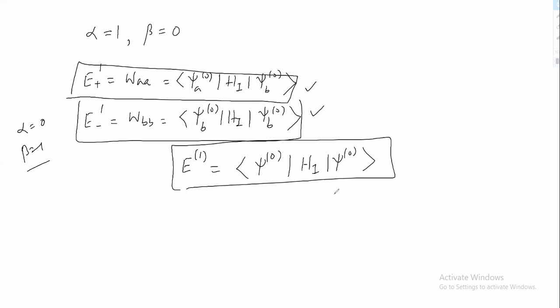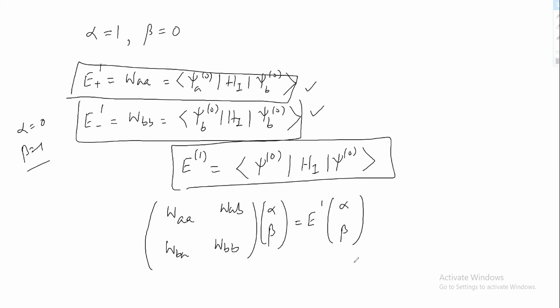Now the expression which I wrote with WAA and WAB, you can also write in the matrix form: WAA, WAB, WBA, WBB, acting on alpha beta, is equal to E1 alpha beta.